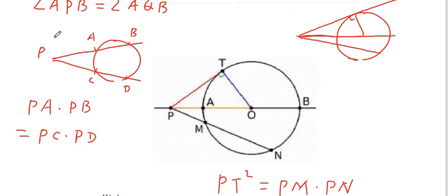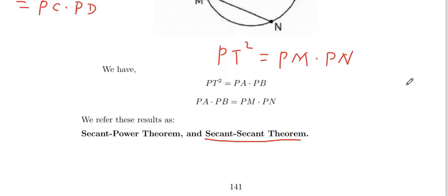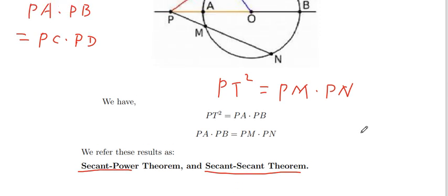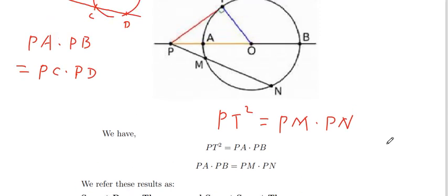If there is a tangent line PT, then we call this the power theorem, or we can regard it as a typical situation.